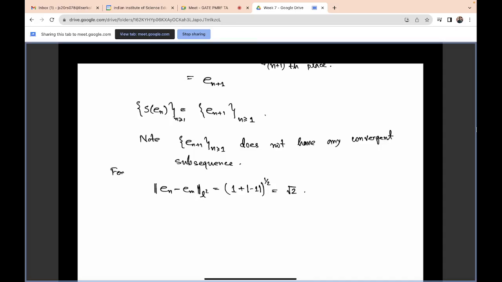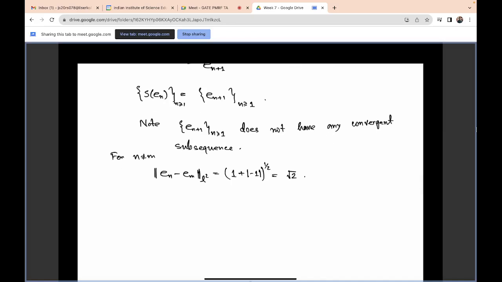So for n not equal to m, the distance between En and Em is always root 2, so it cannot go to 0. Therefore En plus 1 for n greater than or equal to 1 does not have any convergent subsequence.